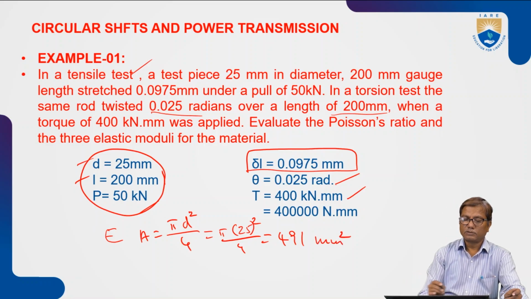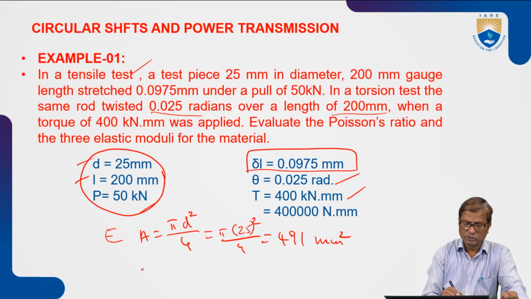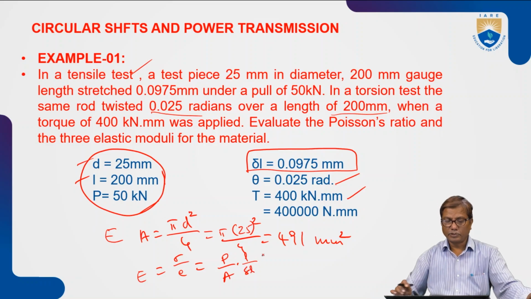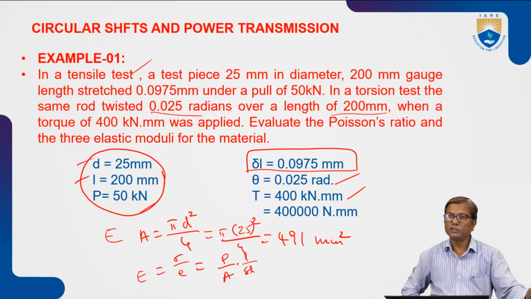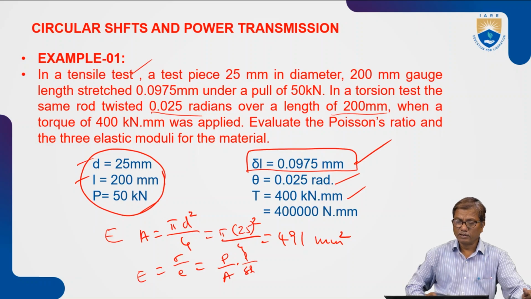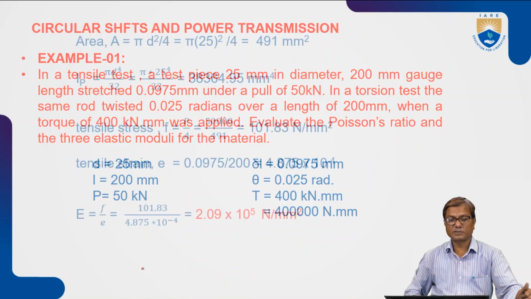Once the area is known, we know Young's modulus is stress by strain, which is P by A into L by delta L. Delta L is 0.90975 millimeters. So P is known, area is known, L is known, and delta L is known, so we can find Young's modulus.